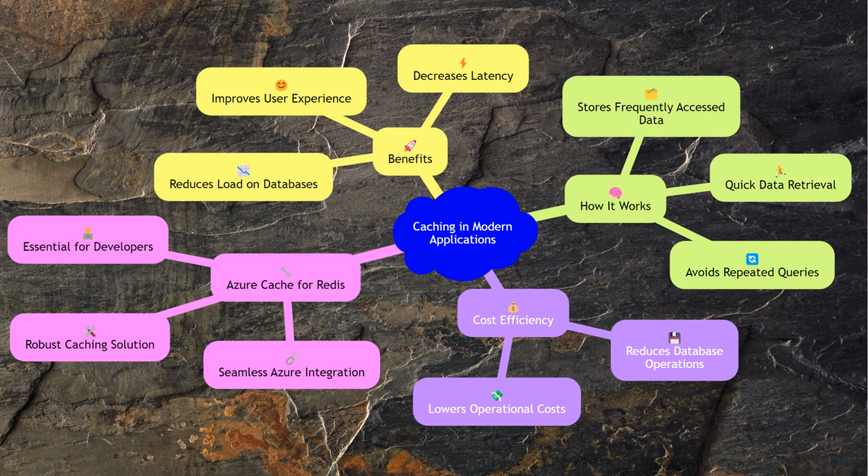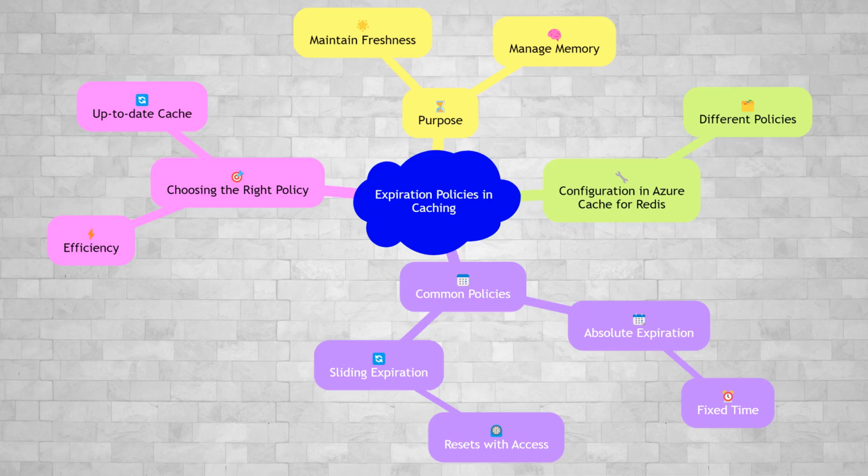Azure Cache for Redis provides a robust caching solution that integrates seamlessly with Azure services, making it an essential tool for developers. Expiration policies in caching determine how long data should be stored in the cache before it is considered stale and removed. These policies are crucial for maintaining the freshness of data and managing memory usage effectively.